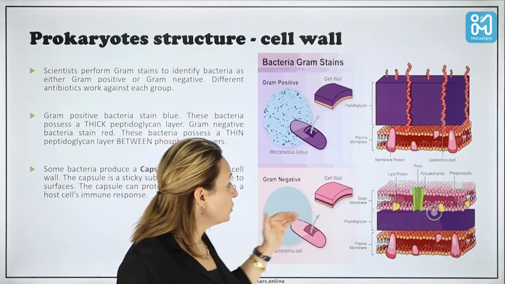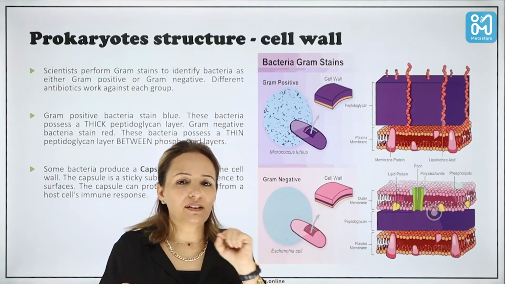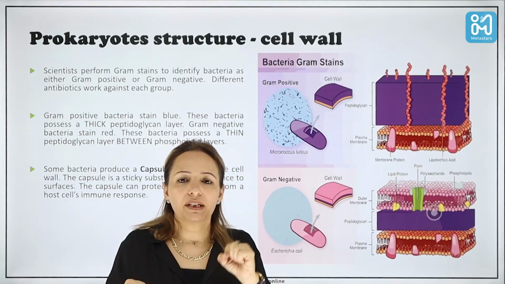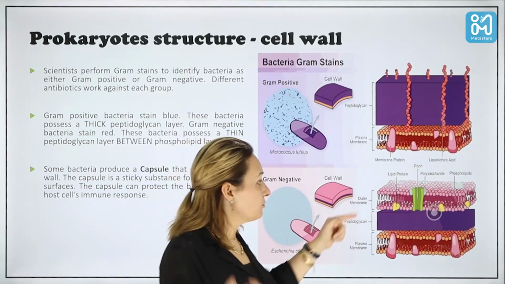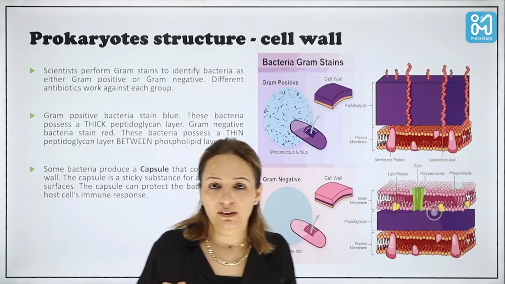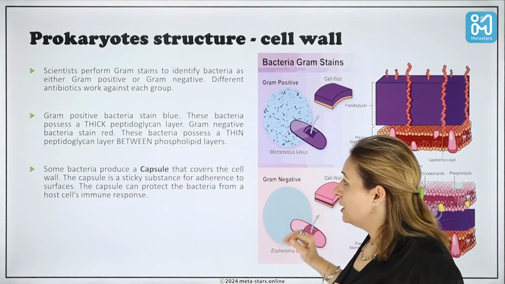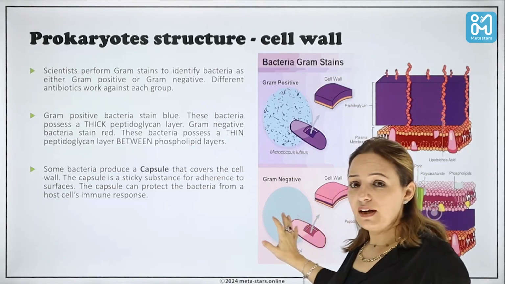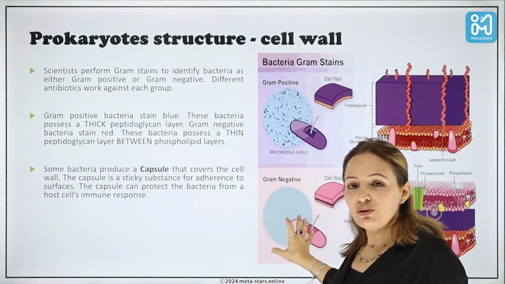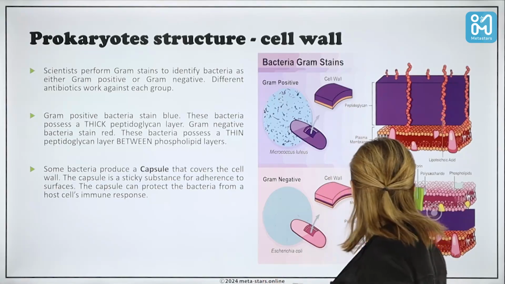So eventually, with gram-negative bacteria, the peptidoglycan layer is far away from being attacked by the antibiotic. So we have to use another type of antibiotic to attack other membranes of the bacteria so that we can make it effective. So here we can say that it's a little bit harder to kill than the gram-positive bacteria.